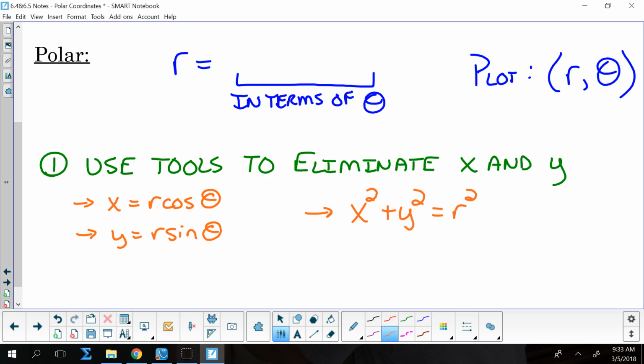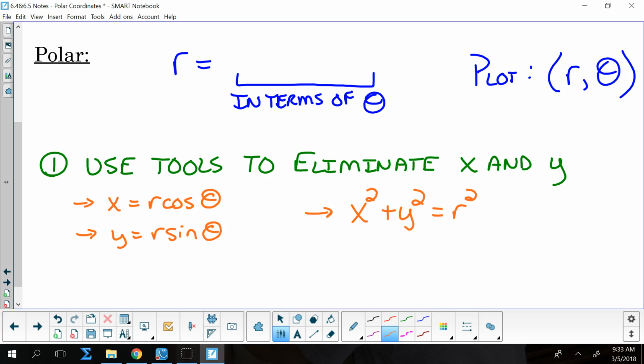Those are the 3 main ones that you're going to use. Really, you could get by with just x equals r cosine theta and y equals r sine of theta, but we can do x squared plus y squared equals r squared just to shorten that up a little bit. Okay?